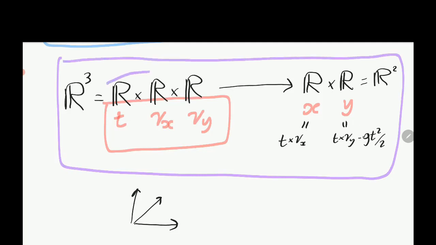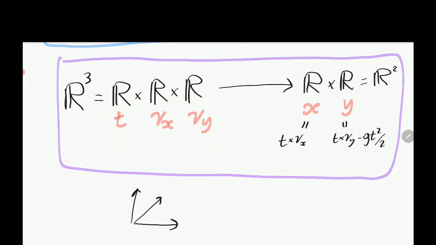We have these three different numbers, which are like the height, width, and depth in our room, for example, although we're calling them t, vx, and vy, and thinking of them as having different physical interpretations. But we have these three different numbers that we can vary, and for any triple of those numbers, we have these two different outputs that we want to visualize. So we really want to be picturing this as something happening in 5-dimensional space.